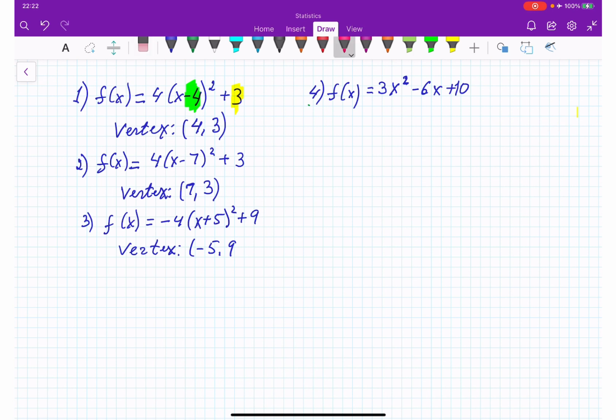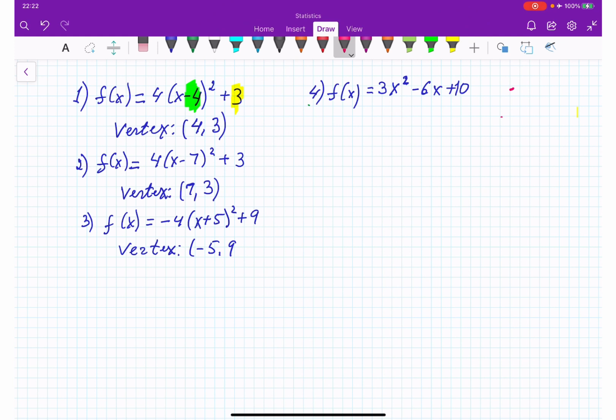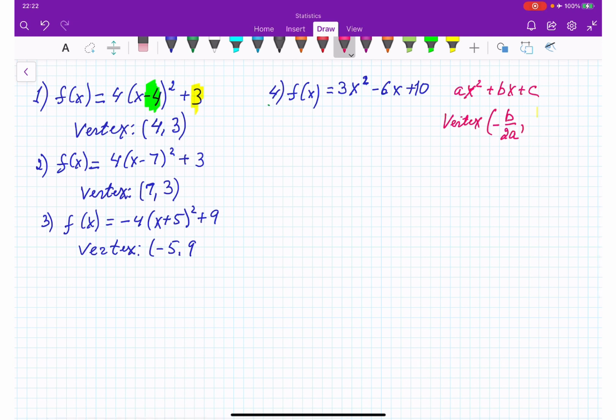If we have the format ax squared plus bx plus c, then the formula for the vertex is: x is going to be negative b over 2a, and y is going to be the function of negative b over 2a.